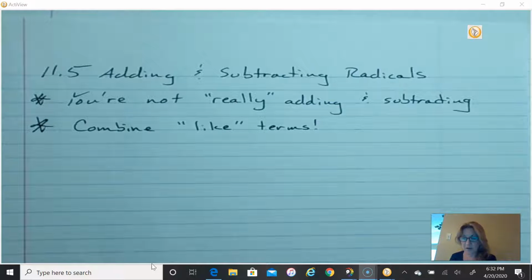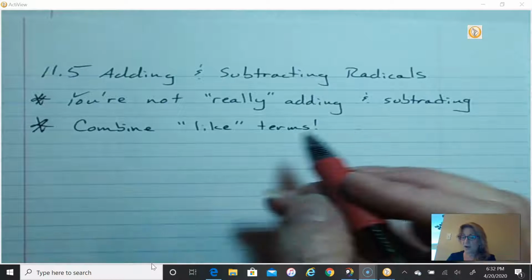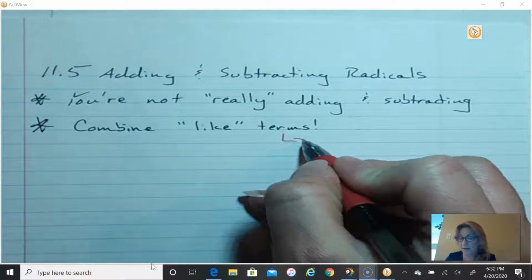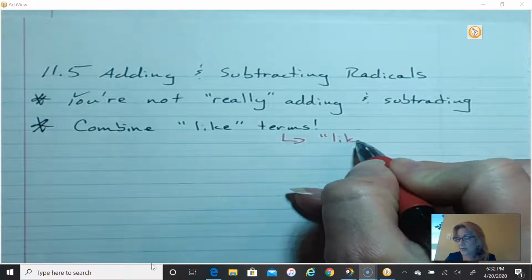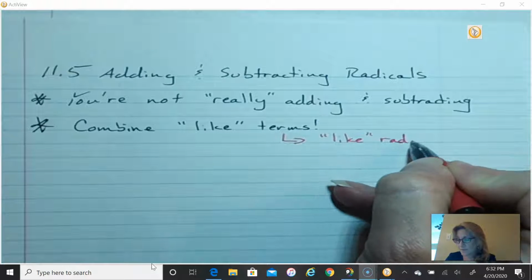It's taking what we've been doing since the beginning of this chapter and applying it every time we combine like terms, like all the a squares or all the 2c's. Anything that's like terms, that's what you're going to be combining. And for this stuff, we're going to be combining like radicals.